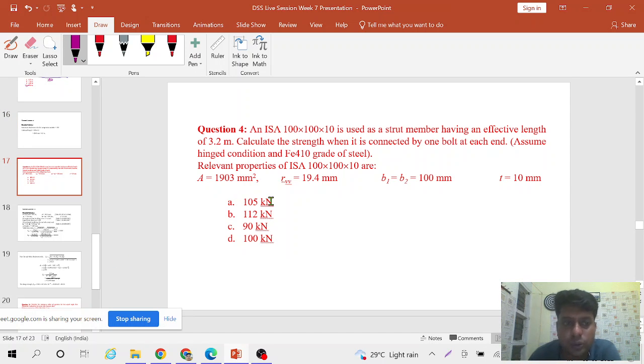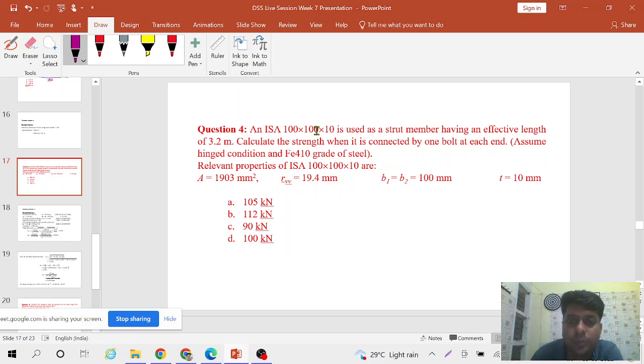Now coming to the long question, so please open your calculator and your notebook. An ISA 100 cross 100 cross 10 mm is used as a strut member. Sometimes you will not get mm written over here, the unit will not be written.